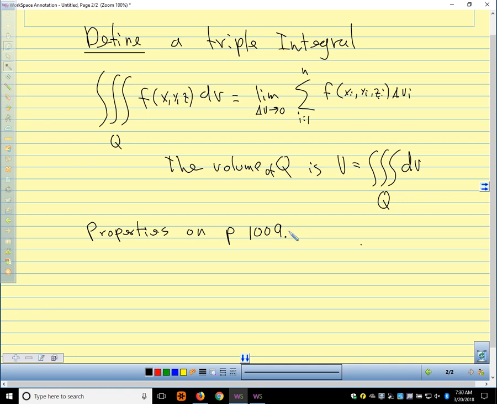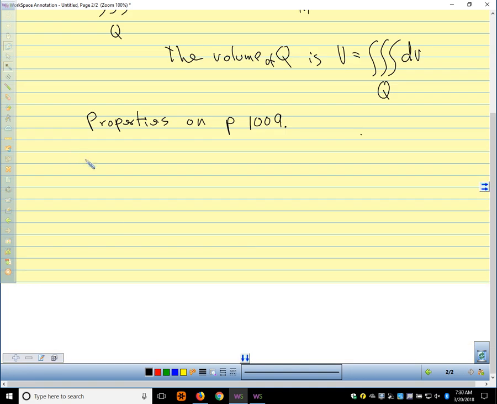If our Q is a nice region that can be divided into rectangular prisms easily, we evaluate these exactly like we did double integrals. We evaluate them as a triple integral. So for nice solids Q, we evaluate like double integrals.